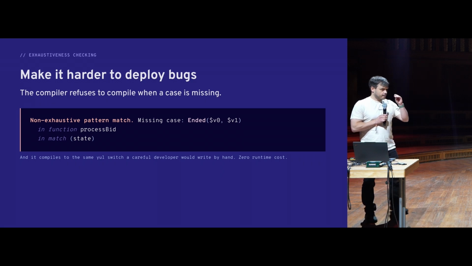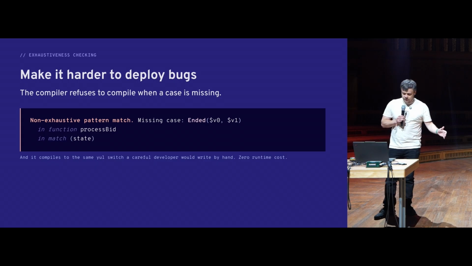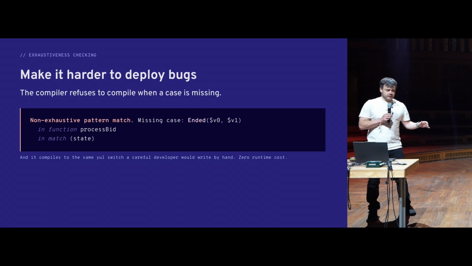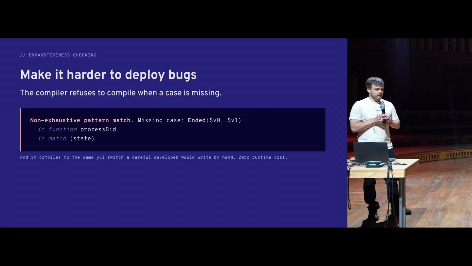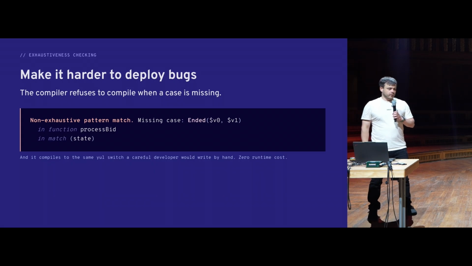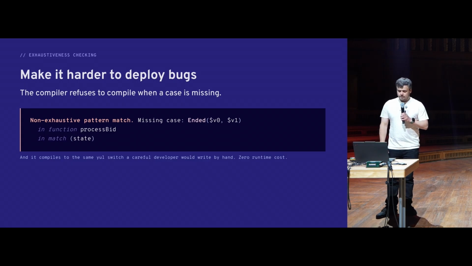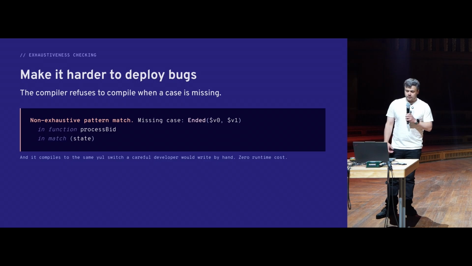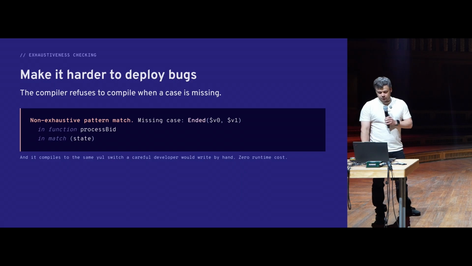So I think designing a programming language with this in mind makes a lot of sense, especially when it's a programming language that holds billions of dollars, hopefully trillions at some point in the future. You definitely want to make it as difficult as possible for the people writing smart contracts to make mistakes.